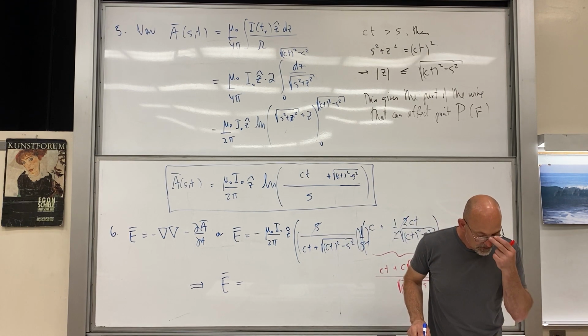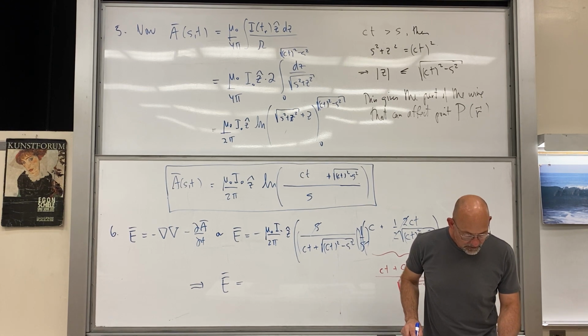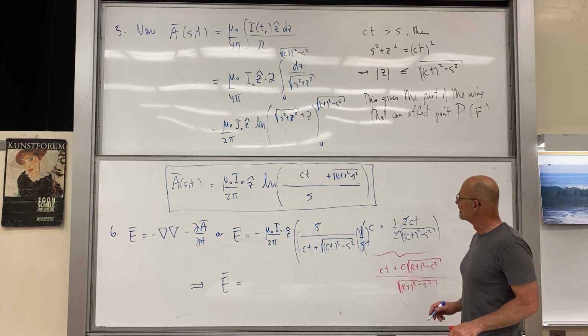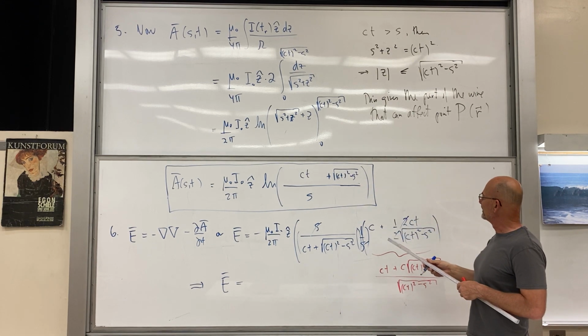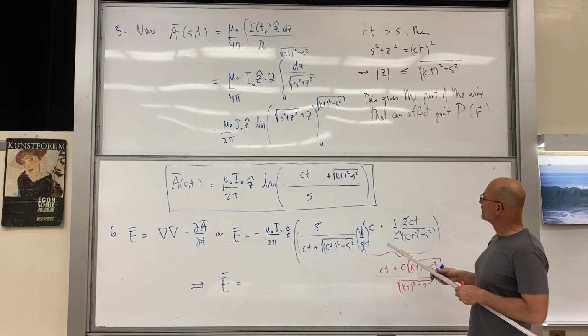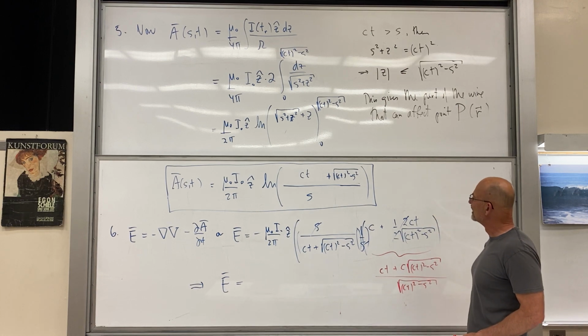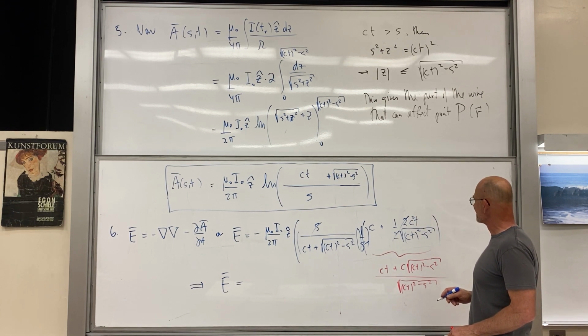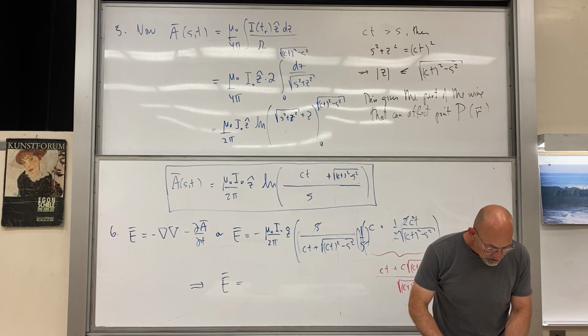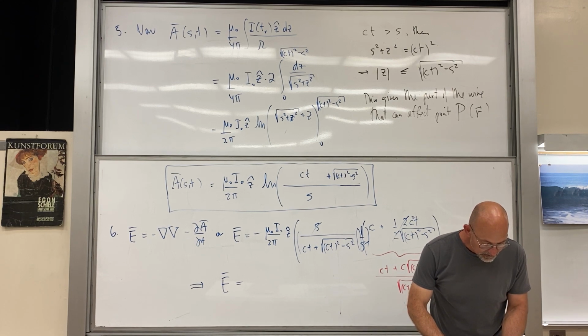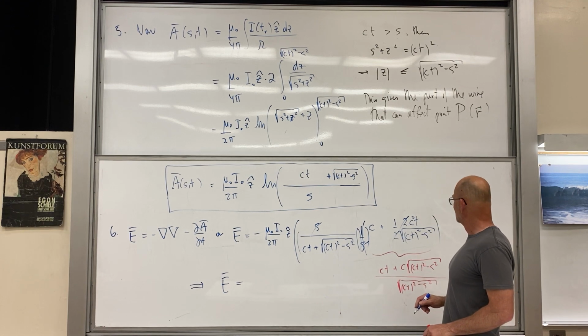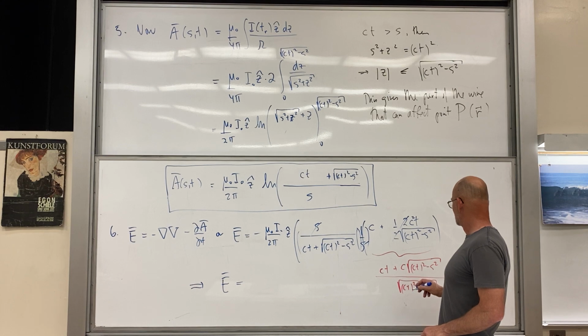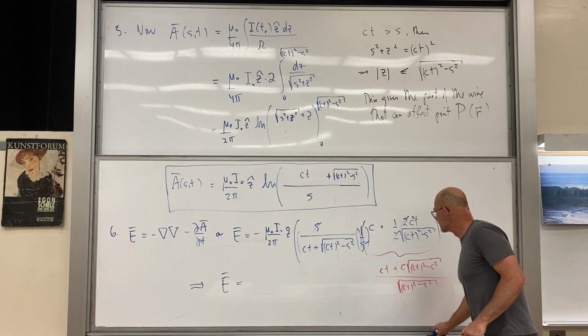So my bad, let's see, CT squared derivative with respect to T, so C squared 2C squared T. C. It's right here.